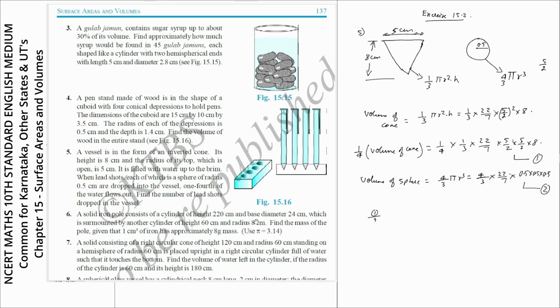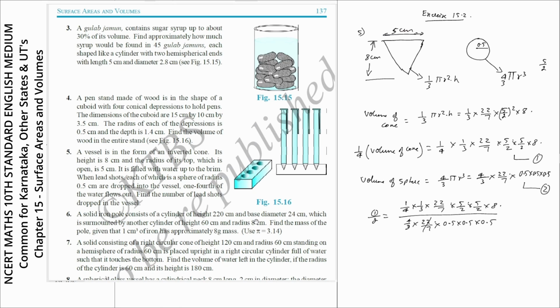So 1 divided by 2 gives the number, so what is 1? 1 is 1/4 into 1/3 into 22/7 into 5 by 2 into 5 by 2 into 8 divided by 4 by 3 into 22 by 7 into 0.5 into 0.5 into 0.5.